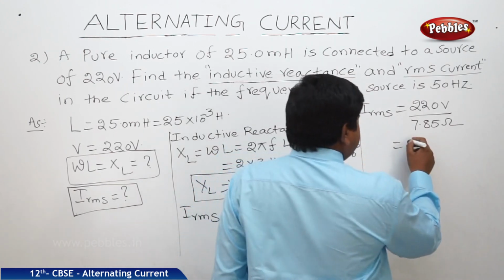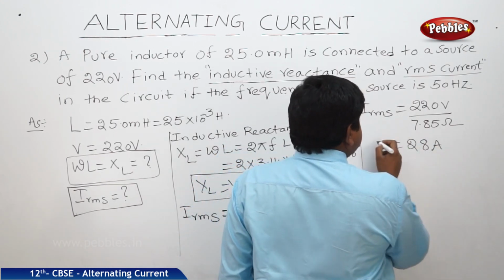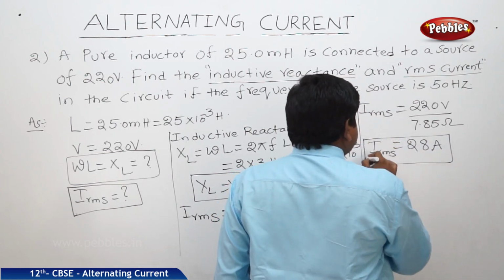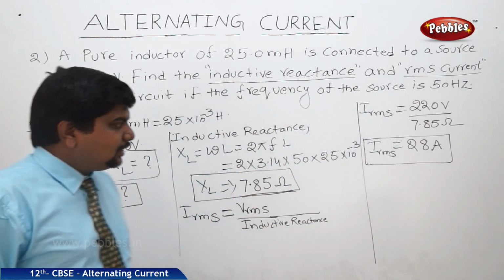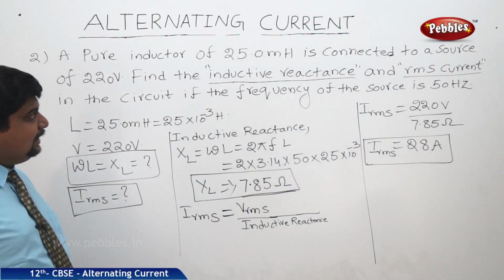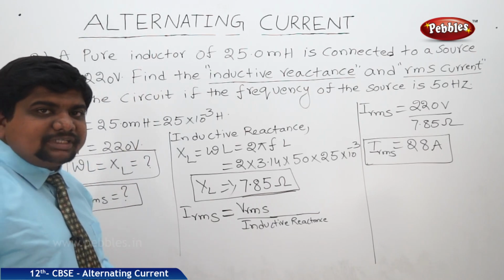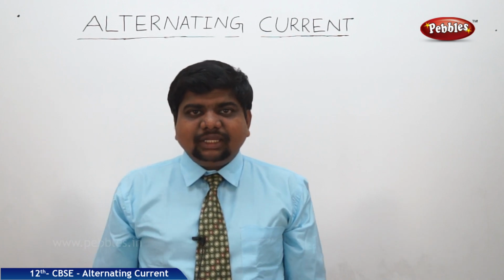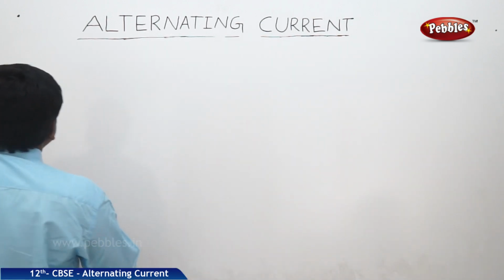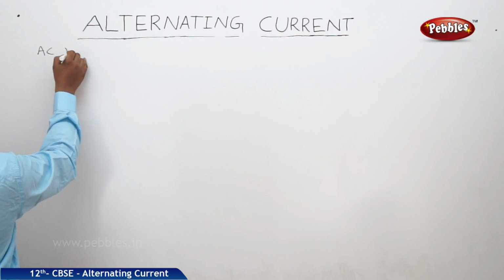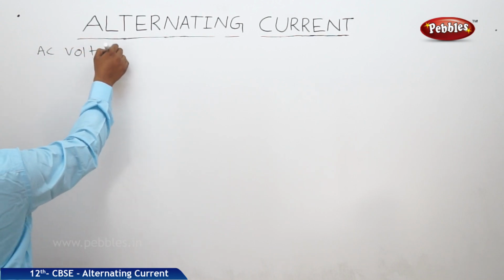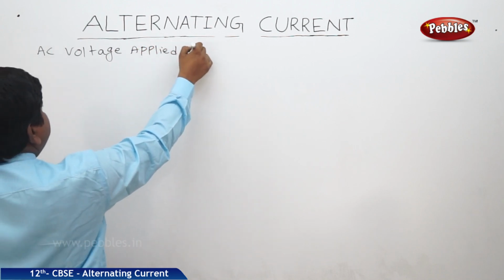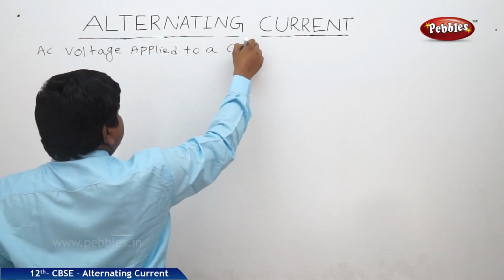We will get 28 amperes. So these are the values which we found with the given information. Now we will see the behavior of AC voltage applied to a capacitor.